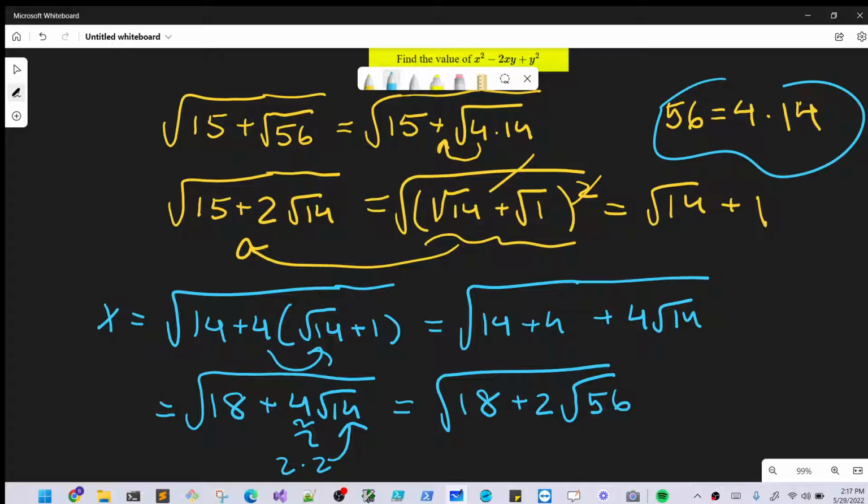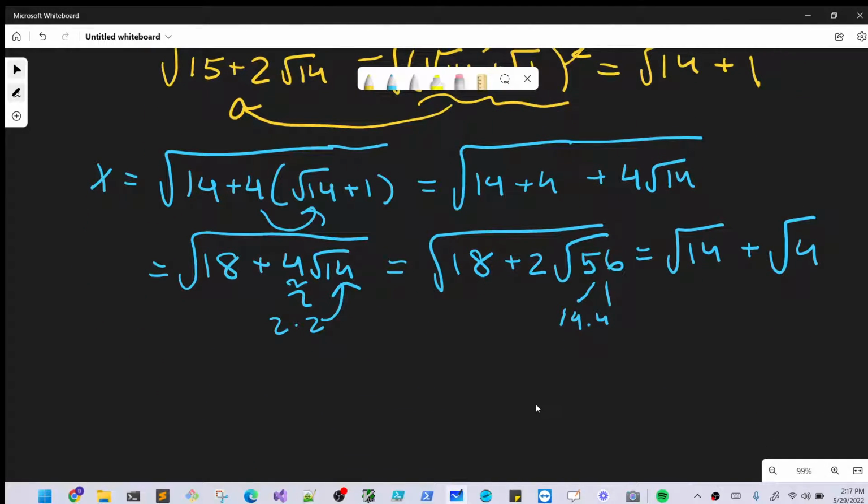But again, we found out earlier that 56 is actually 14 times 4. So we can do basically the same thing and rewrite this as 14 plus the square root of 14 plus the square root of 4, and that's just going to be 14 plus, square root of 14 plus 2.